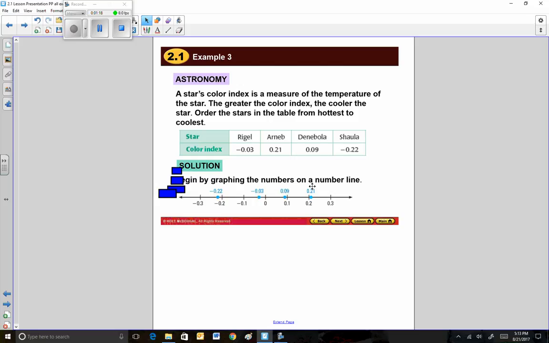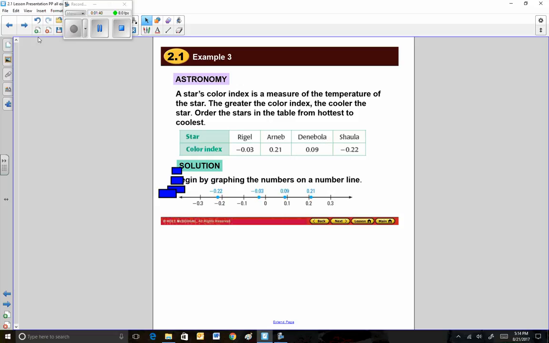So that would indicate that the stars would be Rigel, I'm sorry, my mistake, Shaula, and then Rigel, and then, now let's see how you pronounce this, Dinibola, or Dinibola, I'm not sure, and then Arneb.